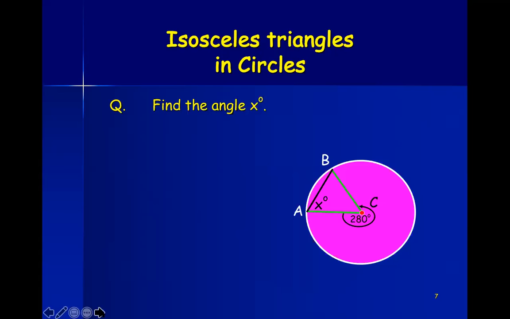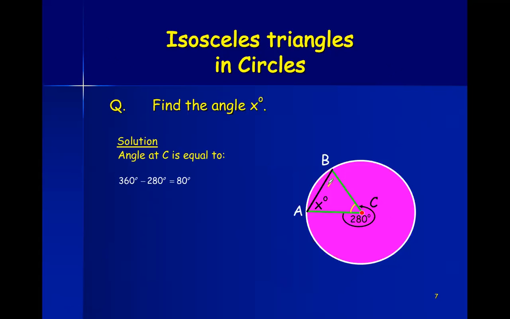So that's how, now that I've got 280 here, if I can find this angle here, 360 minus 280 will be 80. Now that I know I've got 80, and we said that all angles in a triangle add up to 180, I'm left with 100 to share between those two, 50 each.